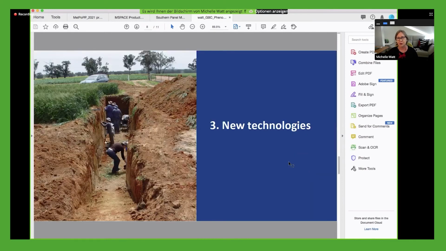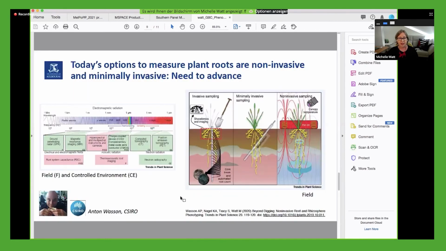Now, finally, I'm going to say that new technologies can be used to better estimate this below ground biomass and carbon across the globe. In a recent review, we showed all of the technologies that have been tested so far historically to estimate below ground biomass and carbon and measure it directly.